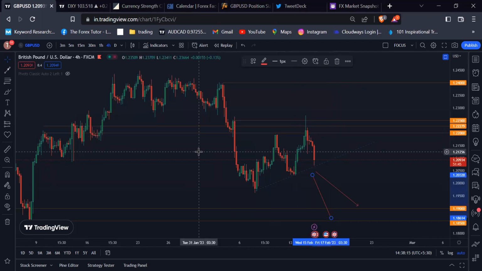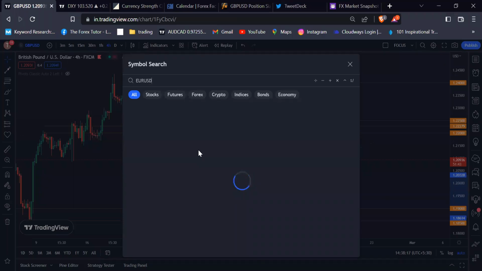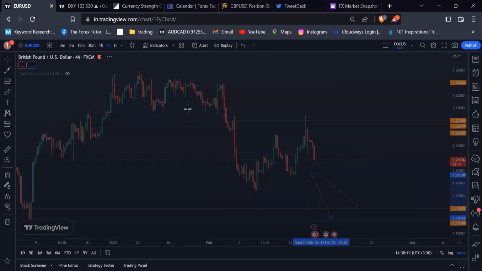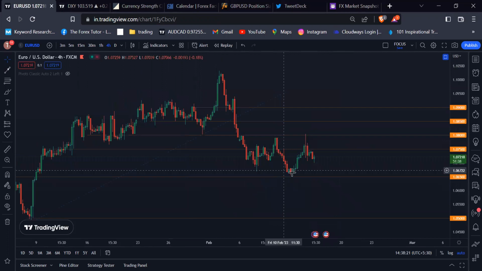My second pair is EUR/USD. If you look at the EUR/USD right now, after the US CPI data release, the EUR/USD retested the 1.0800 psychological level and broke below this number, moving towards the 1.06500 psychological number.